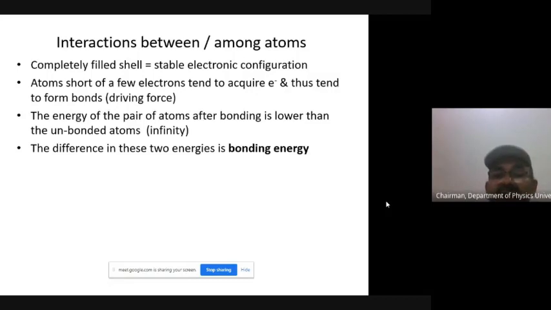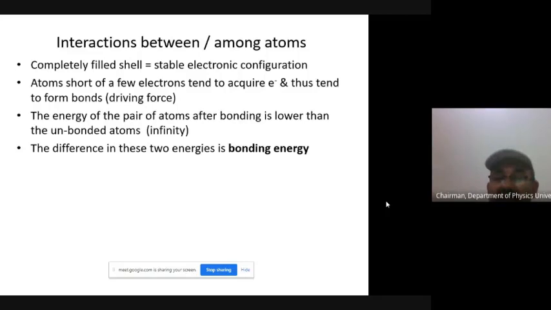Interaction between or among atoms. I am using the words between and among: between is for two, and among means when more than two atoms are interacting together. A completely filled shell means a stable electronic configuration.